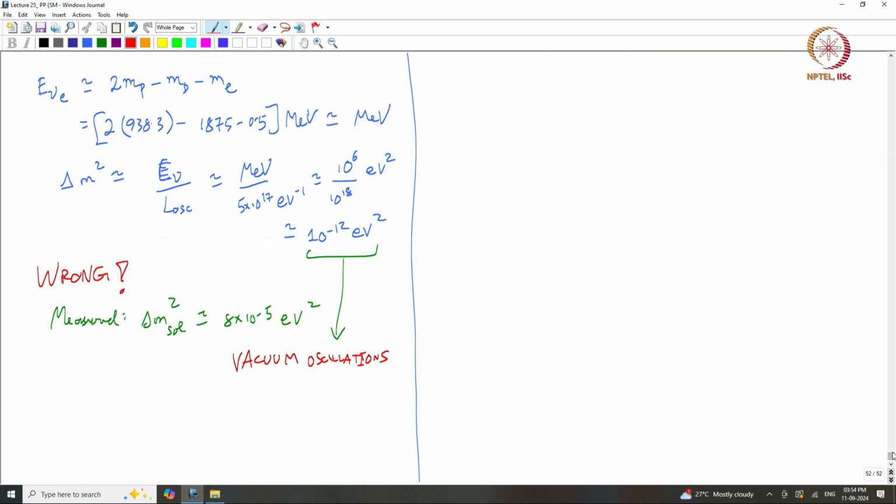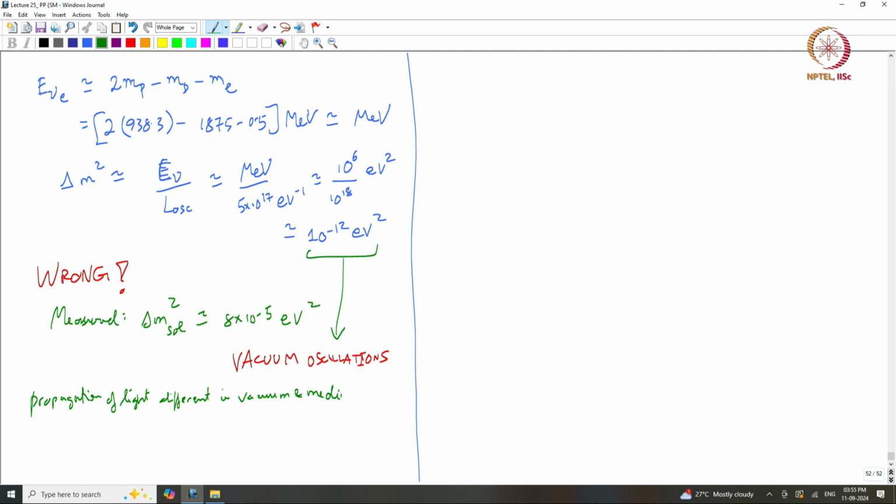So the formula for the oscillation would change if the neutrinos are actually propagating in a medium. That is not surprising, because think of the propagation of light. Definitely the properties of light, the things that you can measure about light, are different in vacuum and some medium.